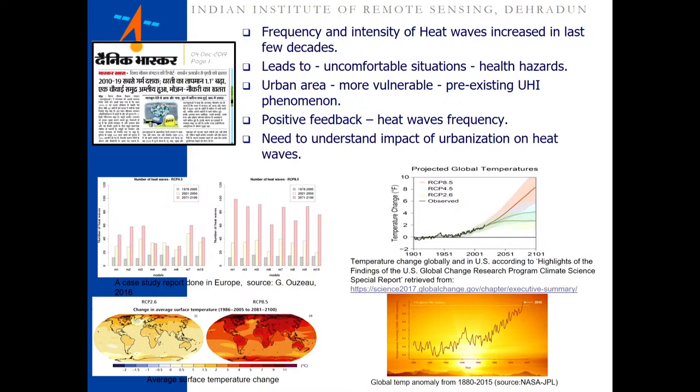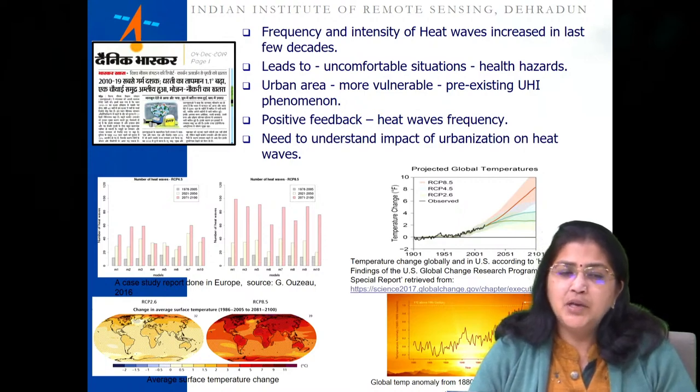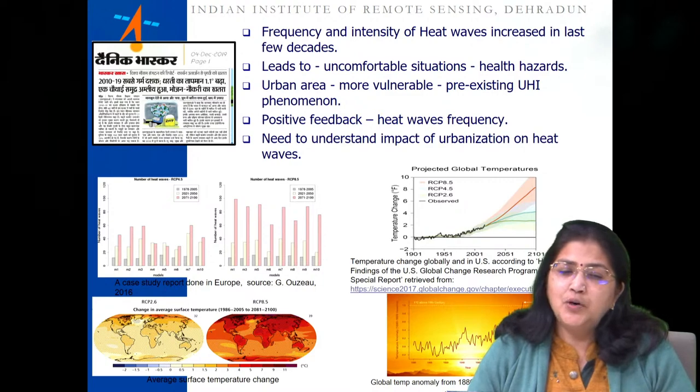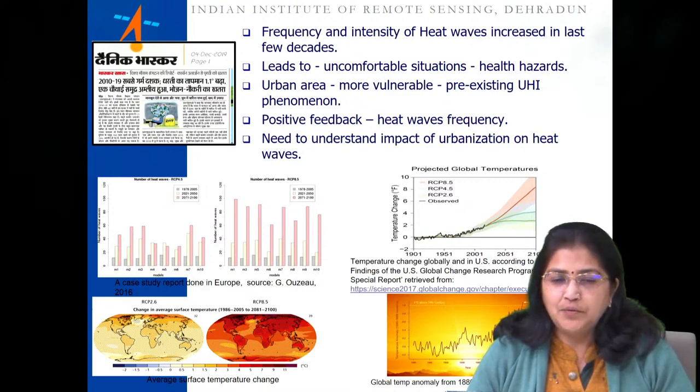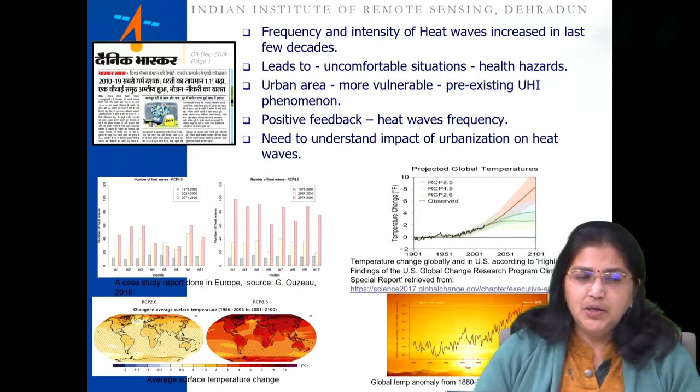It is responsible for heat related mortality, morbidity, and it has a lot of impact on the economy also. And it has also been observed that urban areas are more vulnerable to heat waves because they have the pre-existing UHI phenomenon, and they provide positive feedback to the heat wave. So we have to understand the impact of urbanization on heat waves.